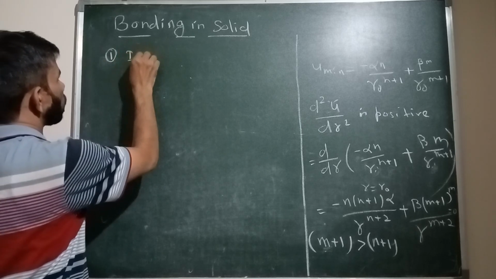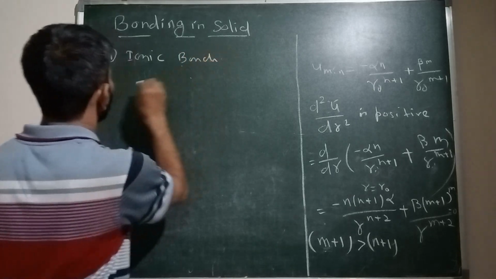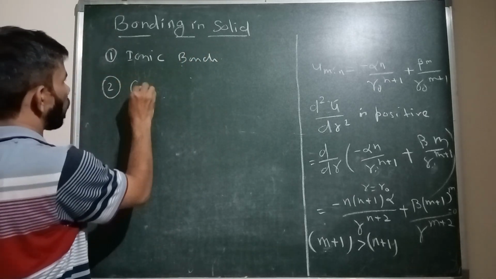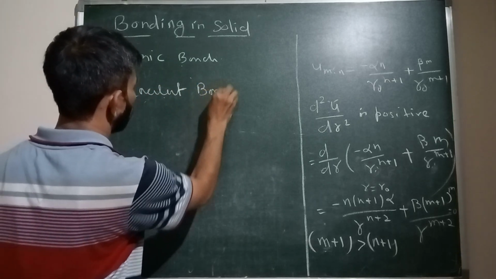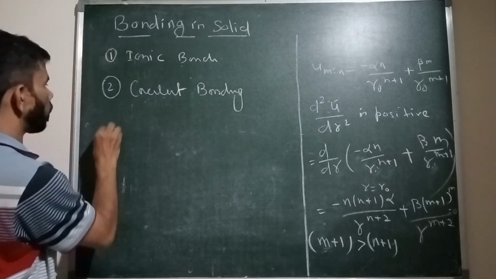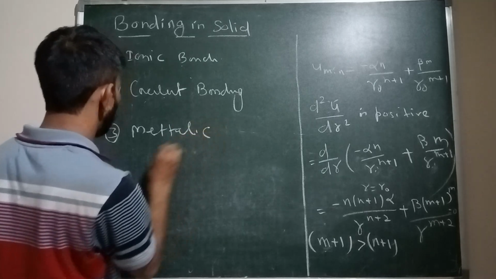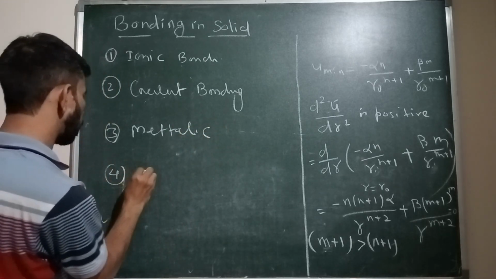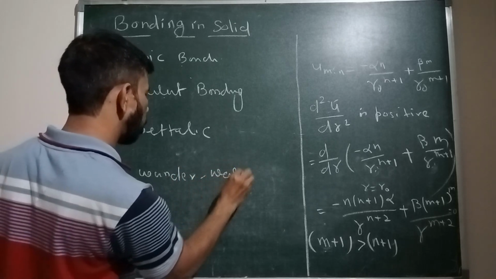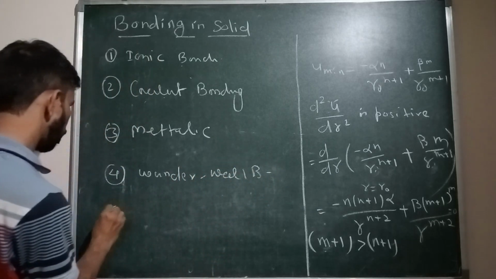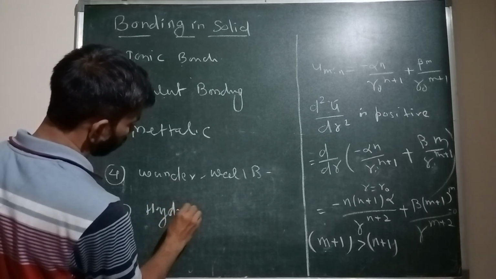One is ionic bonding, second is covalent bonding, third is metallic bonding, fourth is van der Waals bonding, and fifth is hydrogen bonding.